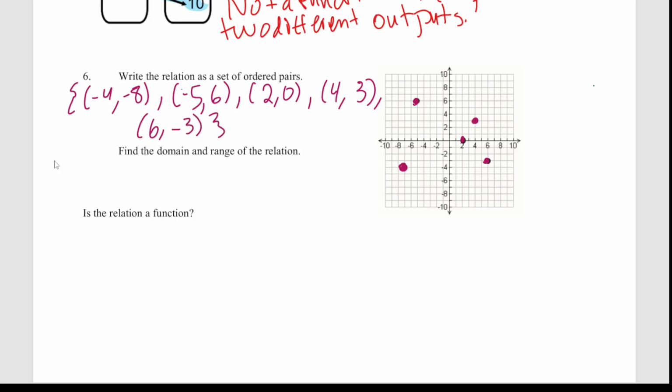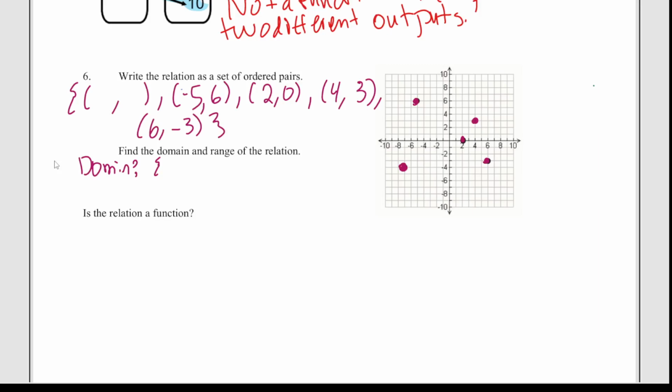Our domain, remember, is all of our x values, all of our inputs. I'm going to list it from smallest to biggest. Oh, I actually listed one of these backwards. This one over my very first one is actually only -7 over, so it would be -7, -4. My bad there. So our domain would be -7, -5, 2, 4, and 6.